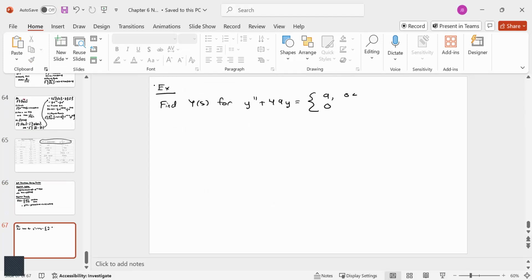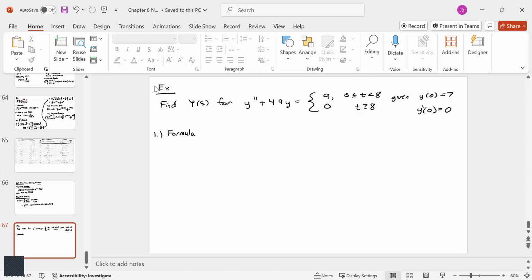And then our boundaries will be from 0 to 8, and then anything bigger than 8. Given y of 0 equals 0. Sorry, incorrect. That was the wrong one. 7. And then y prime of 0 is equal to 0. That's the one equal to 0. So step number 1 is formula.